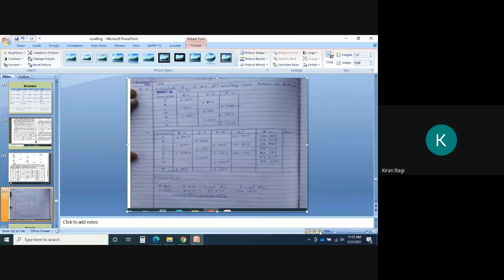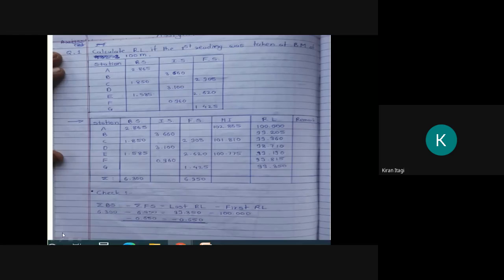I'll check whether it is correct or not. So the question was like this. We have the backsight, intermediate sight, foresight, and the RL was 100. See, RL is 100. Add 100 plus 2.865, we will get 102.865. So we have got the height of the instrument.